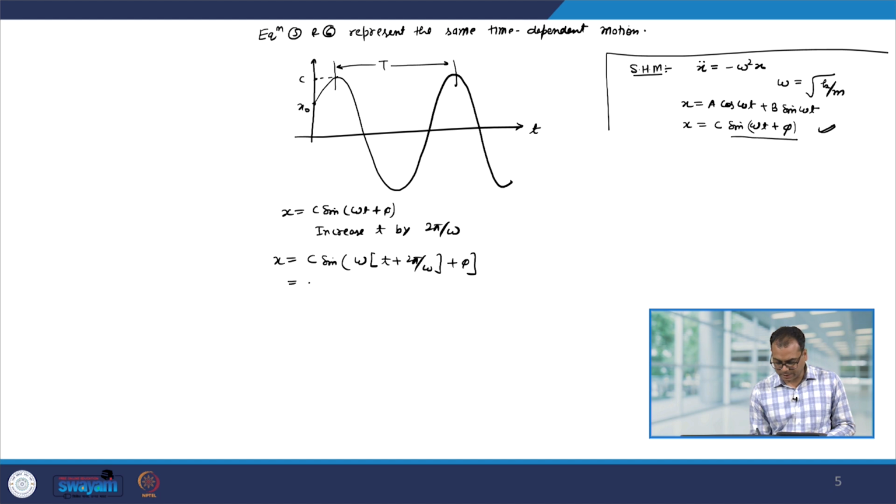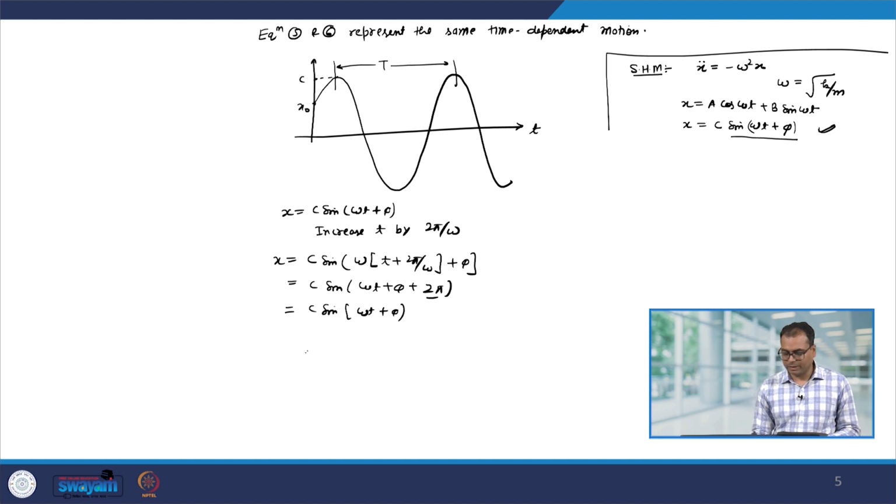This I can write as c sin of omega t plus phi plus 2 pi, and sin of 2 pi plus theta is again sin theta. So, we have c sin of omega t plus phi, the same value that we had earlier. That means if I increase t to t plus 2 pi by omega, we get the same value.